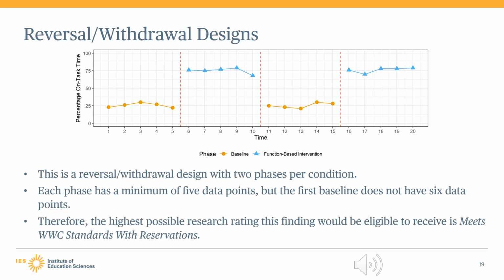The first baseline phase also has a non-zero variance, so it is not eligible for the exception for phases with 0 within phase variance. Therefore, the highest possible research rating this finding would be eligible to receive is meets WWC standards with reservations.